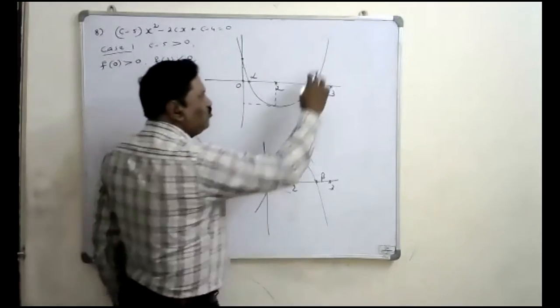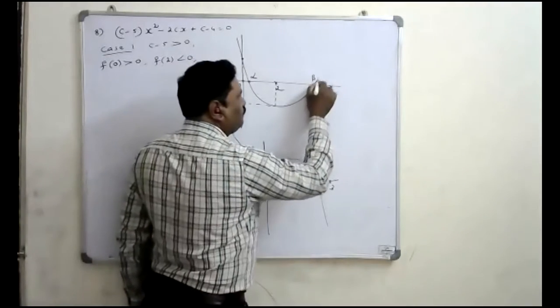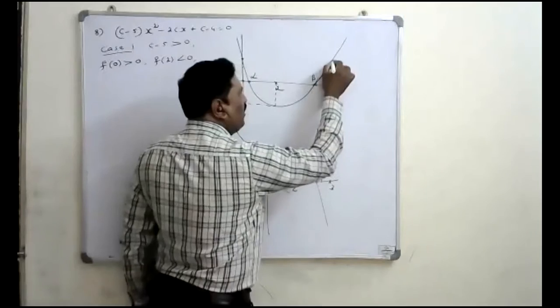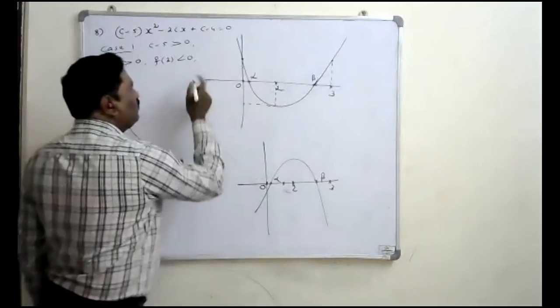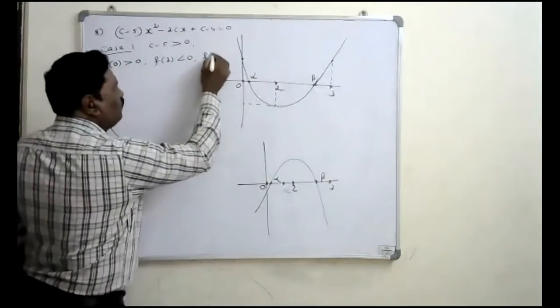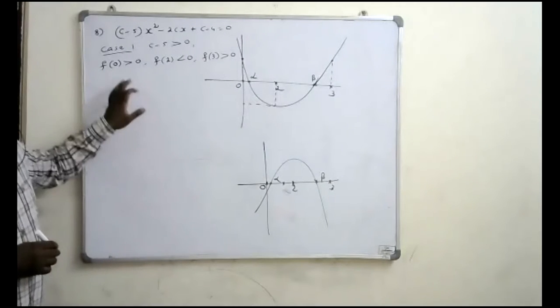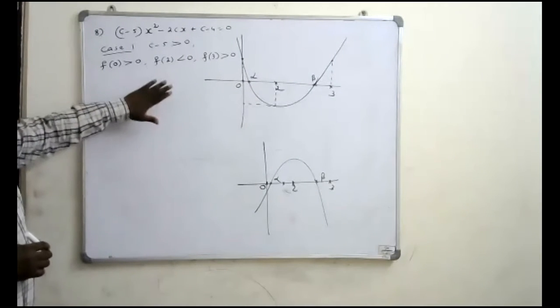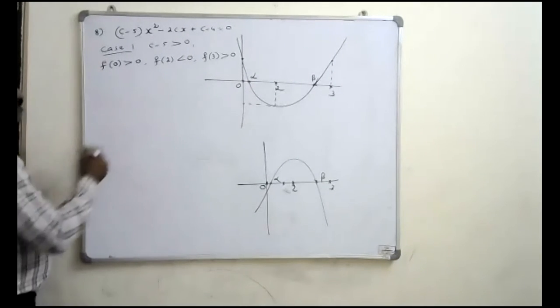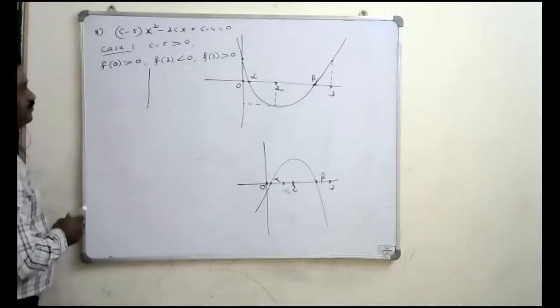And if I substitute x equal to 3, what do we get? f of 3 is positive. So indirectly they have given all these conditions. This is the first case.